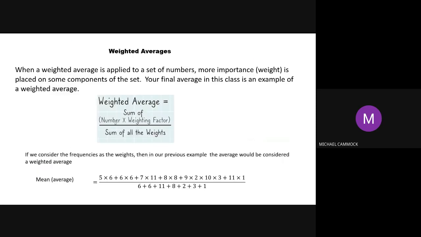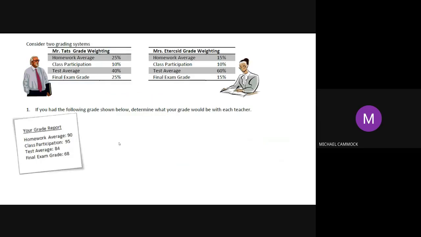It says the number they got in that particular category times the weighting factor, divided by the sum of all the weights. So for Mr. Tat's class, I'm going to take the 25% weight and multiply it by the homework average, because homework is 25%.